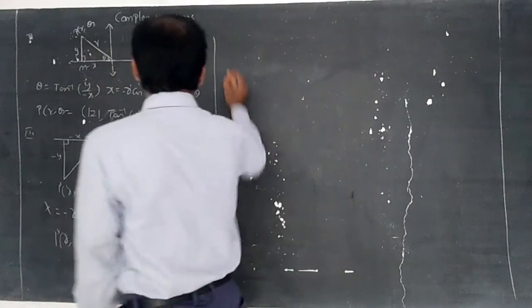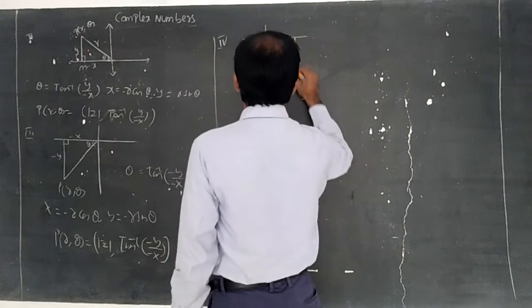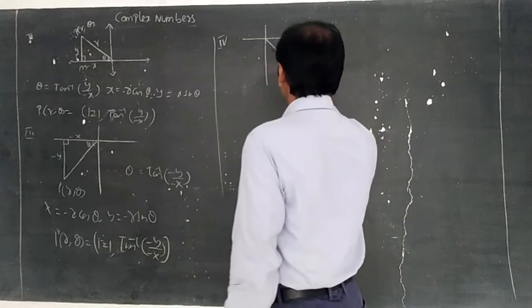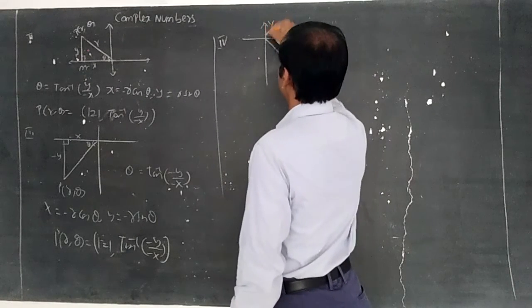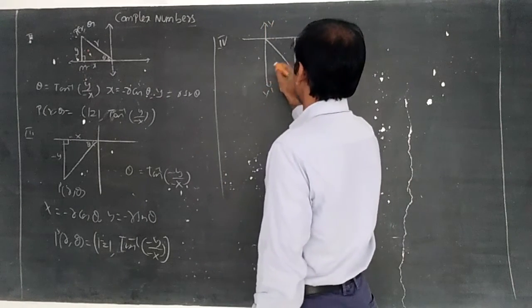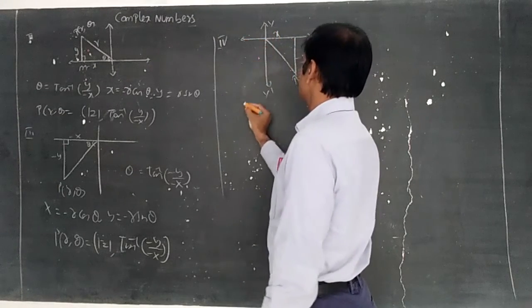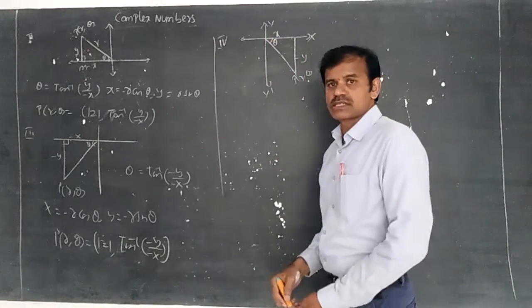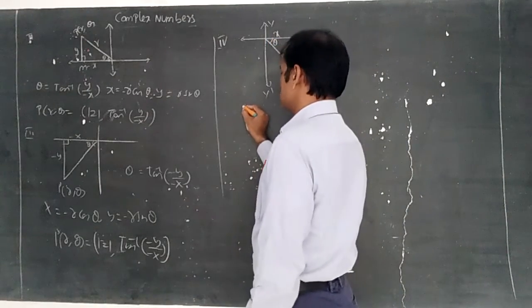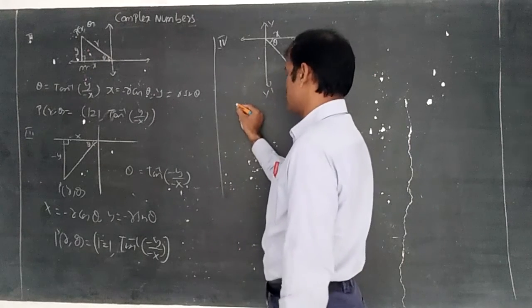And the fourth one, mention like this. This is P(r, theta). Y is negative, put minus y, and x is positive. It is theta with the positive direction of x-axis. So you can write here, this is P(r, theta).